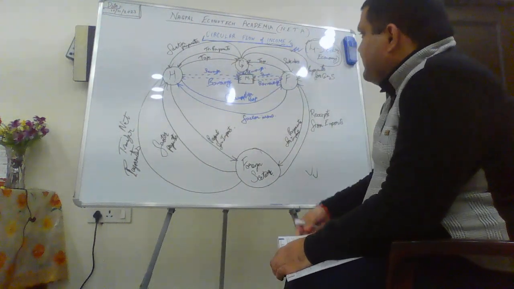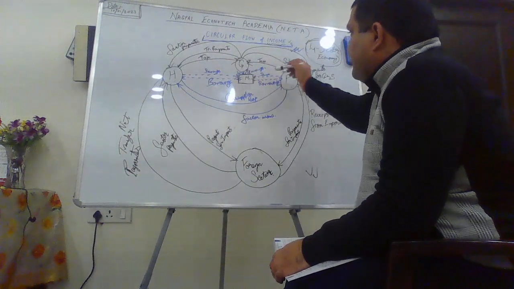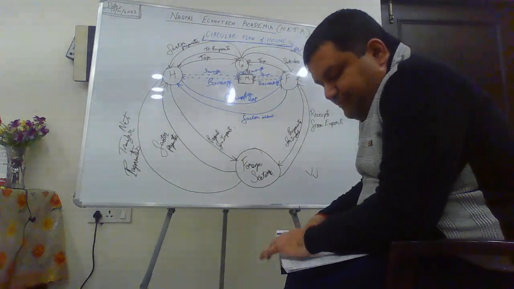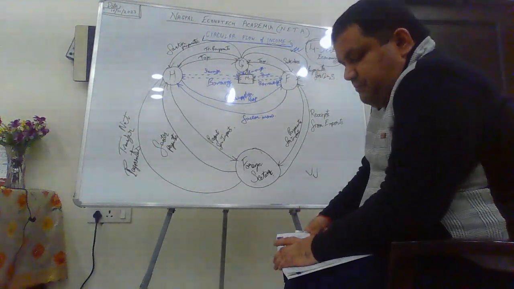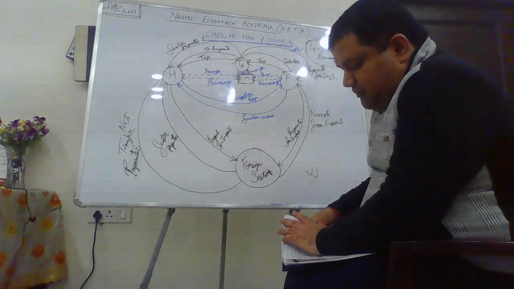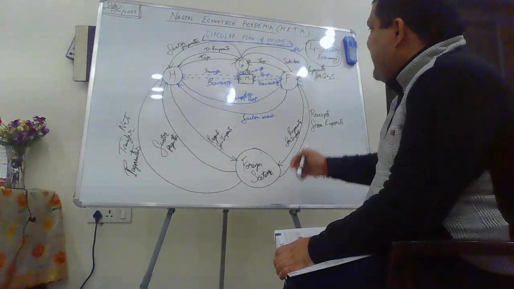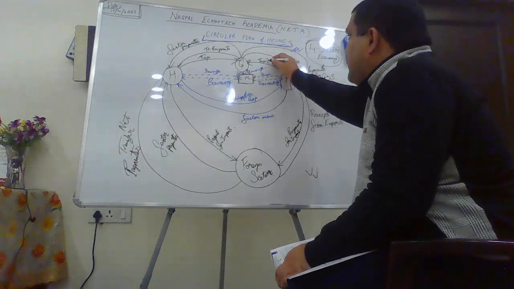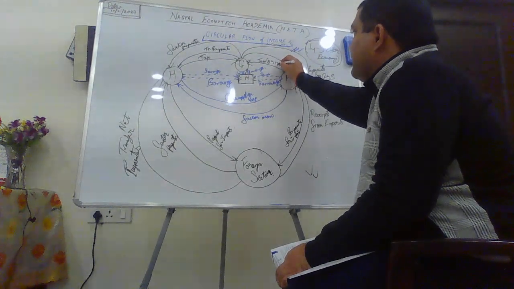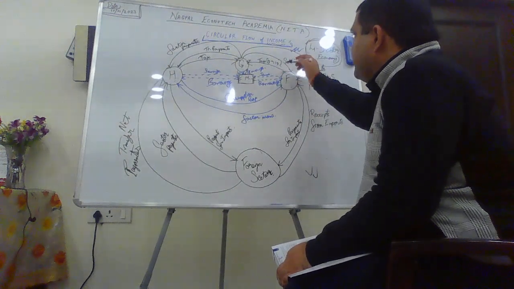Now let's consider a scenario between the government sector and the firm sector. Between the firms and the government, money flows from the firms in the form of direct taxes and indirect taxes. This involves both direct and indirect taxes.